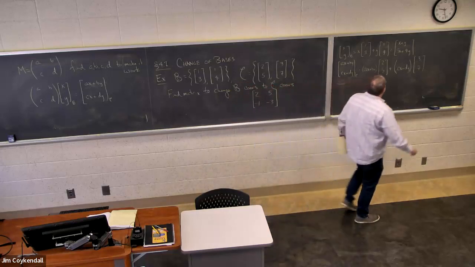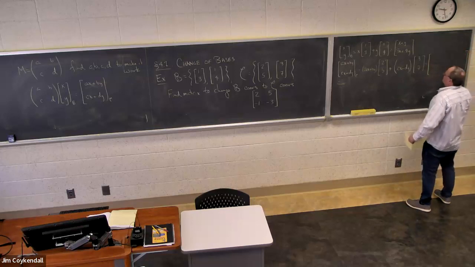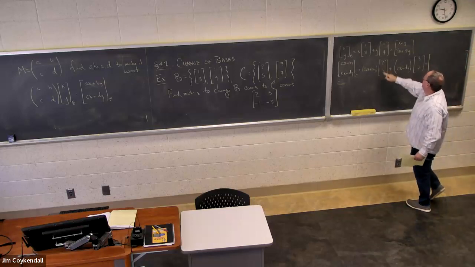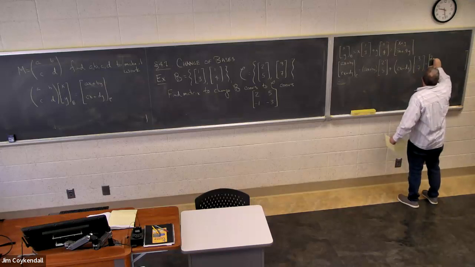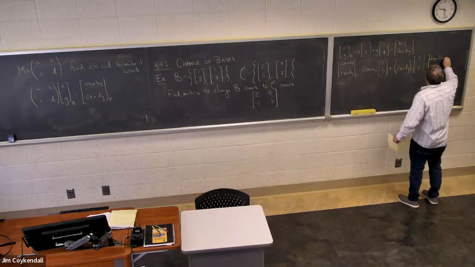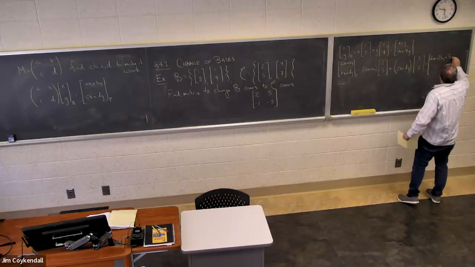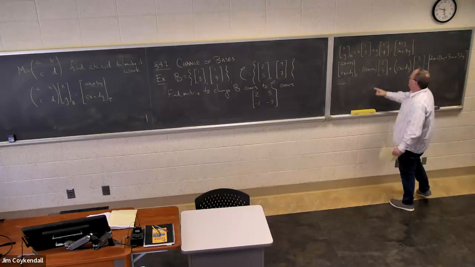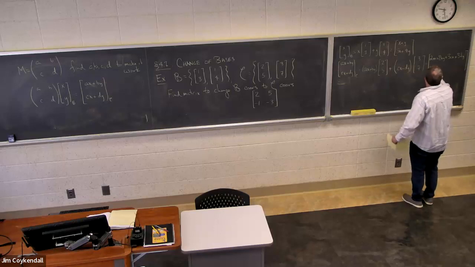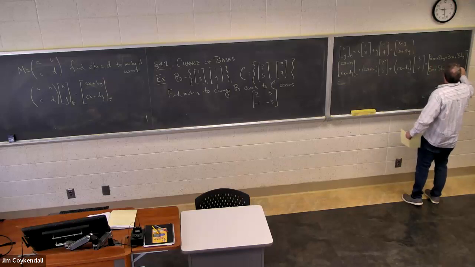Which is going to be 2AX plus 2BY plus 3CX plus 3DY. And on the bottom, I'm going to get 5AX plus 5BY plus 7CX plus 7DY.